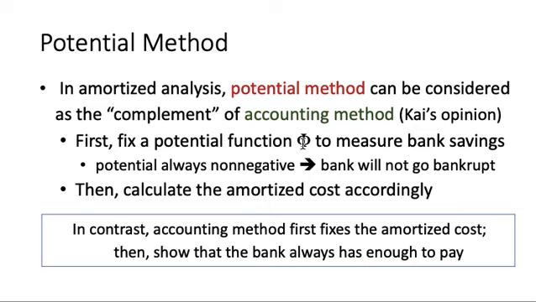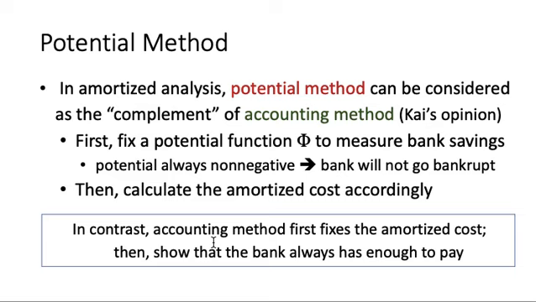And we will always need to follow this function for the bank savings. Once this function is fixed, we can use it to calculate the amortized cost for each operation accordingly. So again, we will have bank savings and amortized costs as in the accounting method.